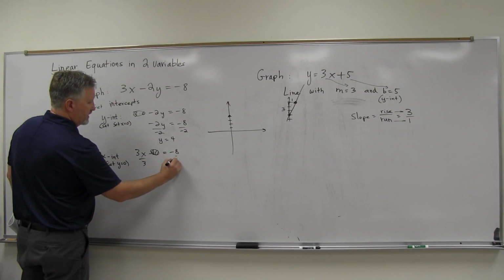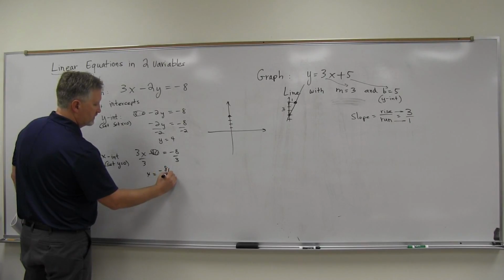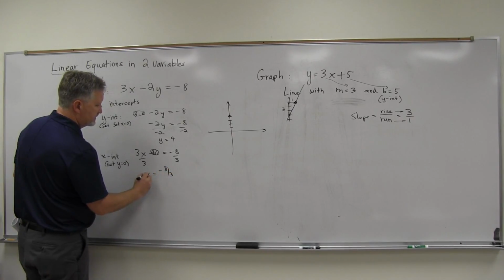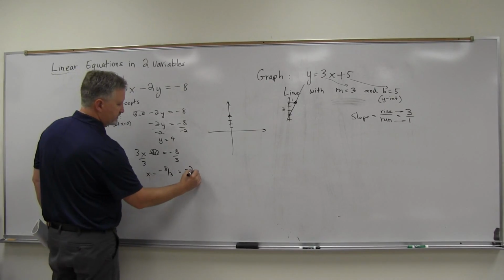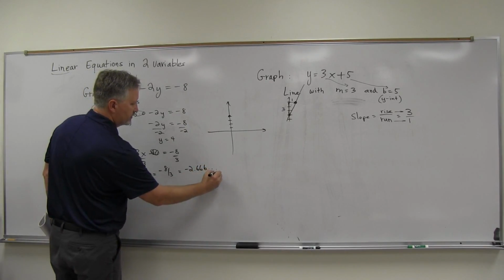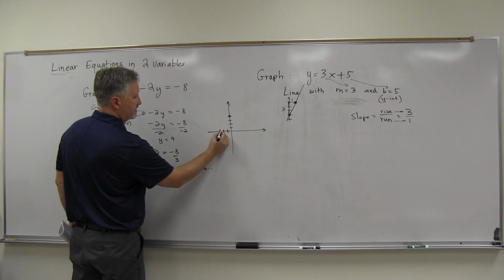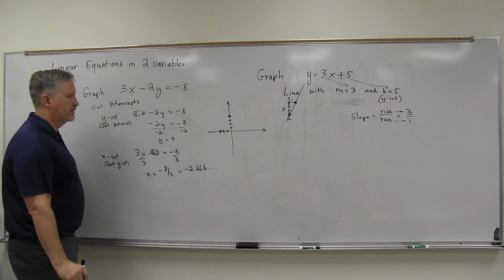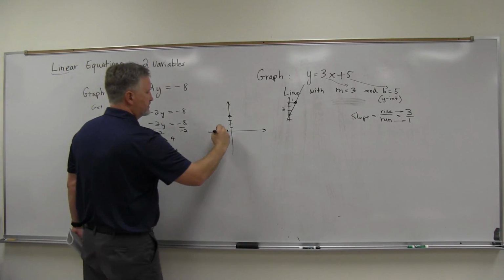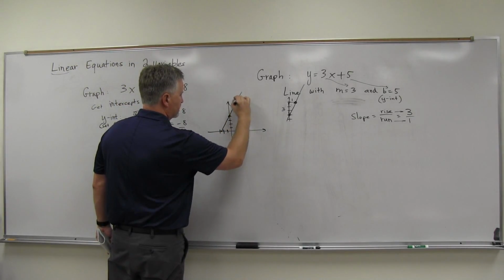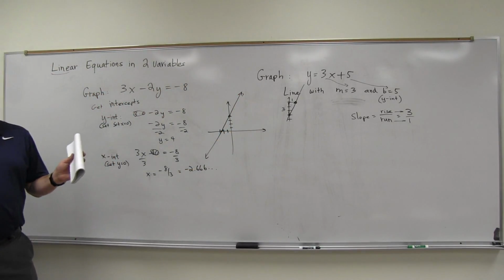Then divide by 3, you get negative 8/3 as my x-intercept, which is about negative 2.6 repeating, negative 2 2/3. So it crosses the x-axis at negative 2 2/3. Yeah, so that gets you 2 points fairly quickly. So I wanted to mention that.